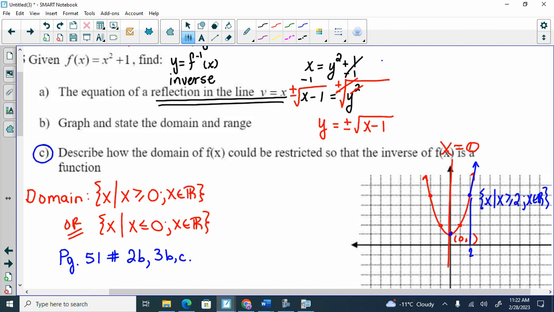So 3, it's just telling me if the original is a function, then if the inverse is a function. So you're not doing any work. You're literally just doing your test. Do not redraw these graphs. You're wasting your time.